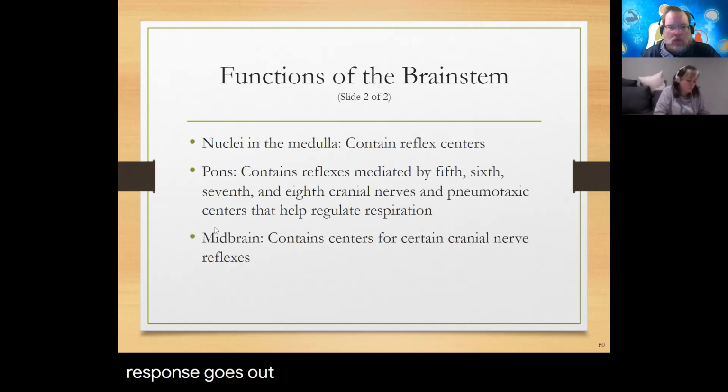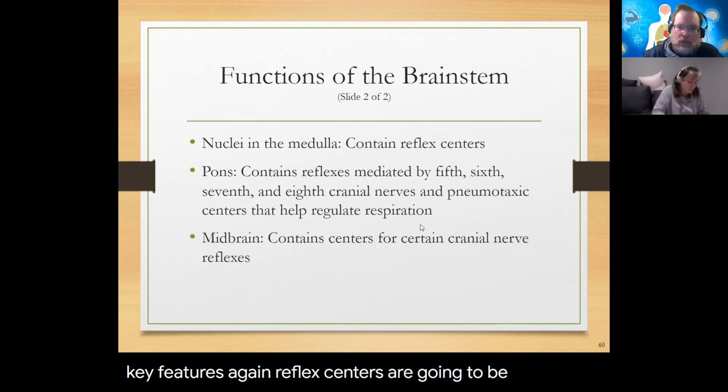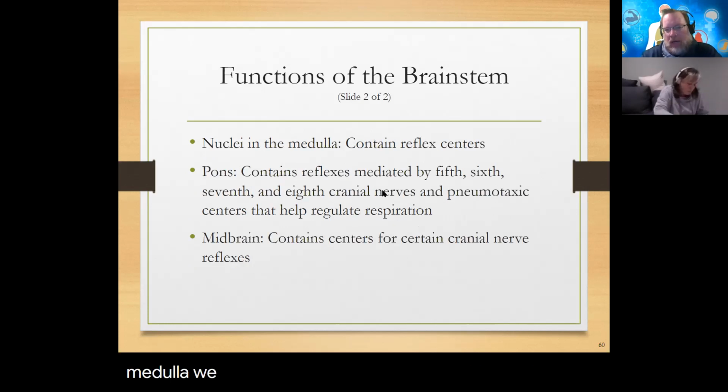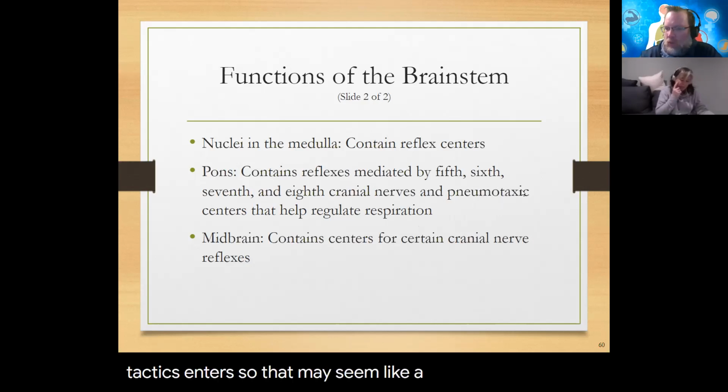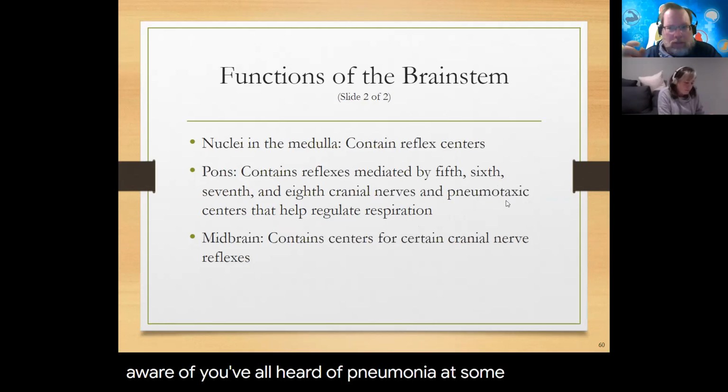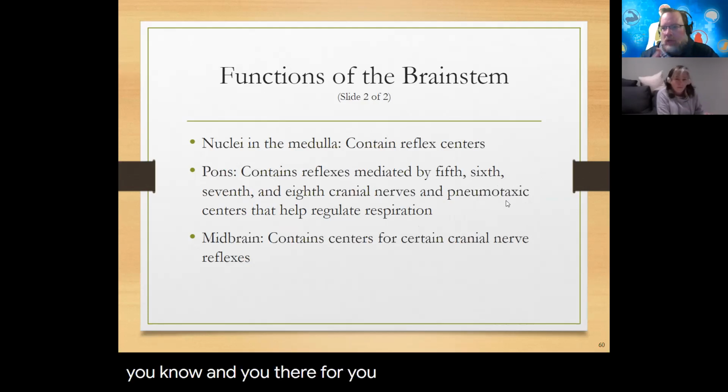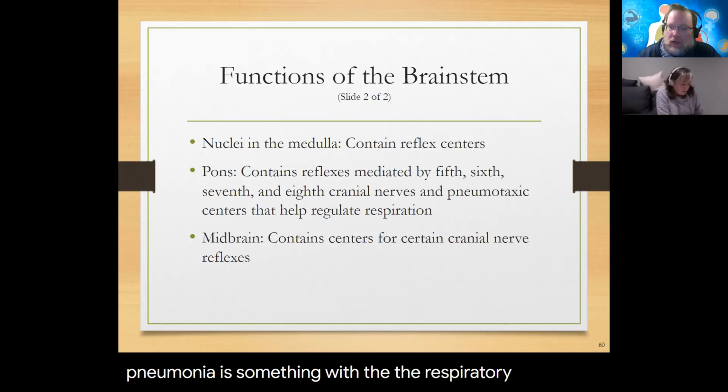Let's see some of the key features. Reflex centers are going to be in the medulla. Within the pons, we're going to see the pneumotaxic centers. That may seem like a crazy word, but it has a couple of items in it you may already be aware of. You've all heard of pneumonia, and you probably know that pneumonia has to do with the respiratory system, the lungs or chest, and breathing.